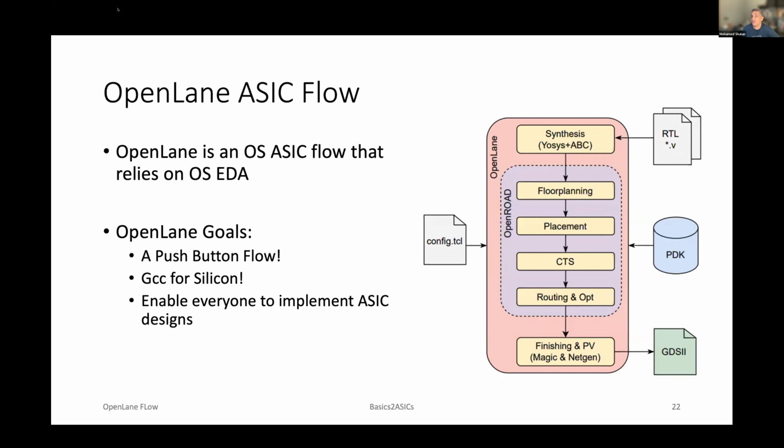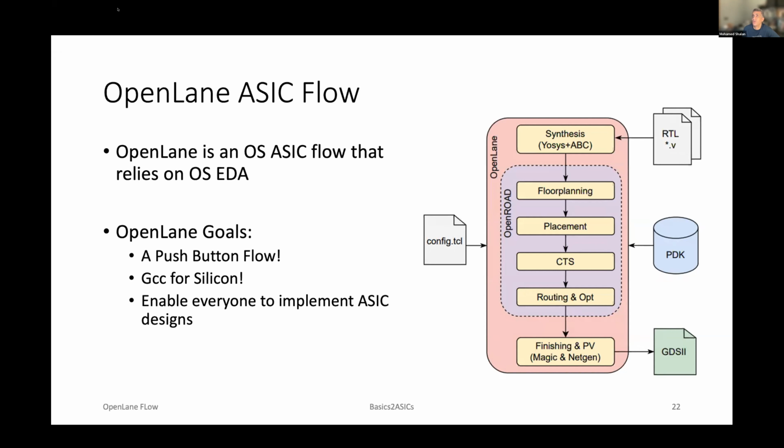At the moment, we have support for Sky 130. Very soon the GF 180 support will come out, and once Sky 90 is about to be released, OpenLane will be ready to support it as well.